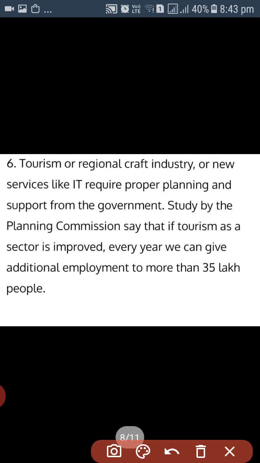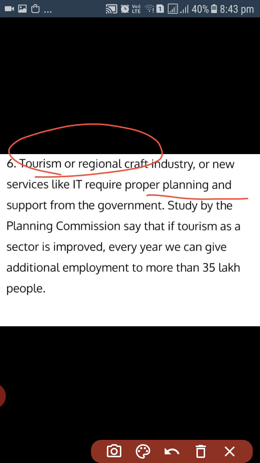Next, we have tourism. Tourism, regional craft industry or new services like IT, information technology, require proper training and support from the government. There must be a question in your mind, what is the Planning Commission?